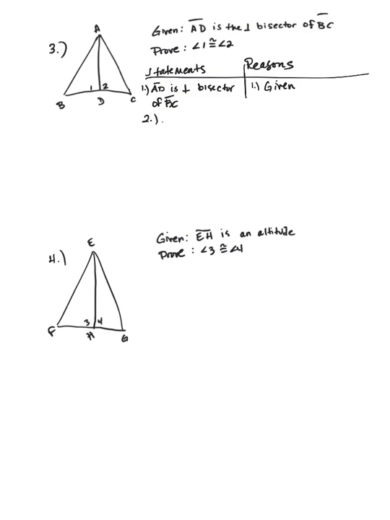So we have AD is perpendicular to BC. Okay, and that is definition of a perpendicular bisector. Okay, for now, you could just write a perpendicular bisector is perpendicular.